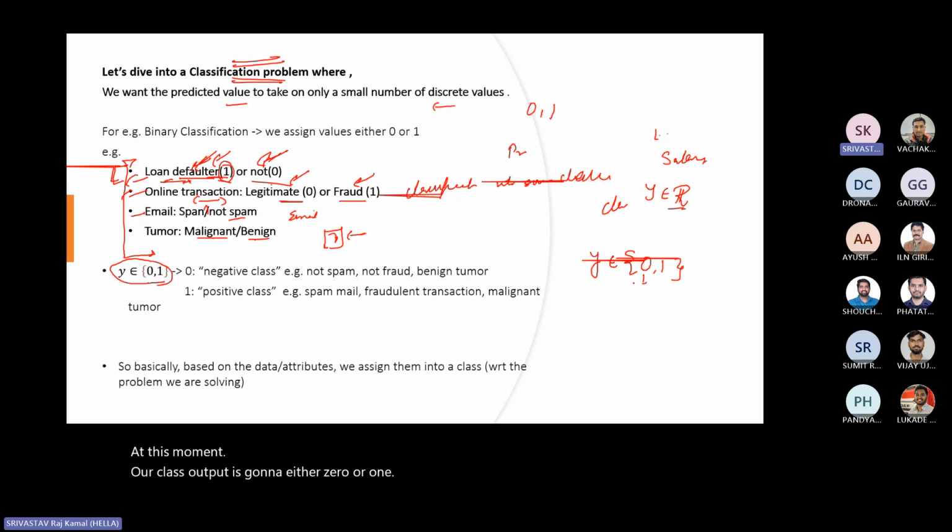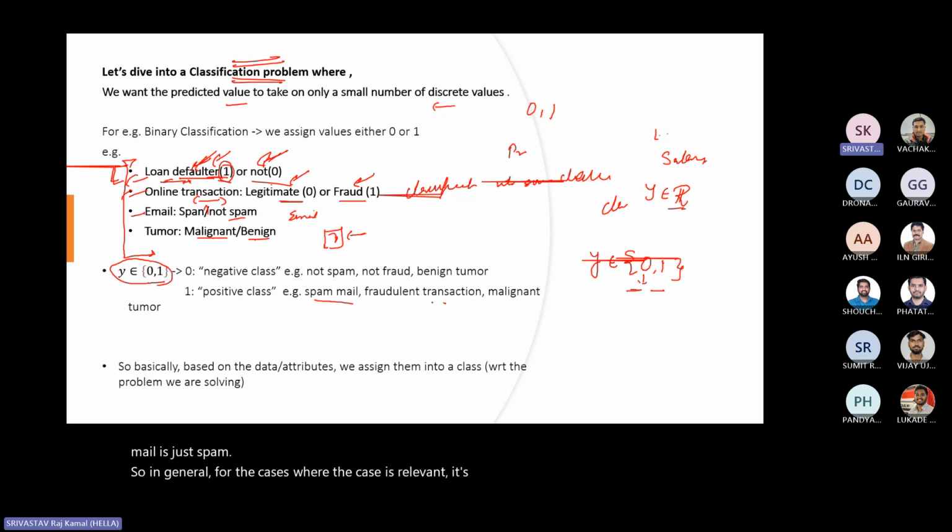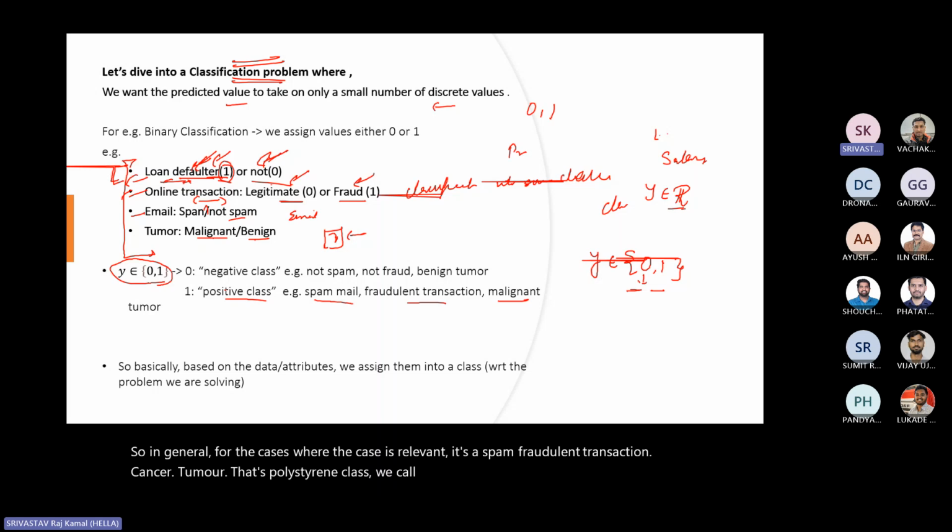Zero could mean this mail is not spam, and one means this mail is spam. In general, for the cases where the case is relevant, like spam, fraudulent transaction, cancer, tumor, that's the positive class. We call it the positive class because that's something we want to classify. Anything which is normal, we call the negative class, right?